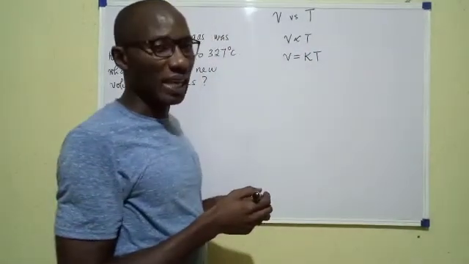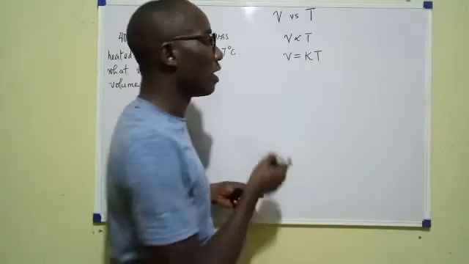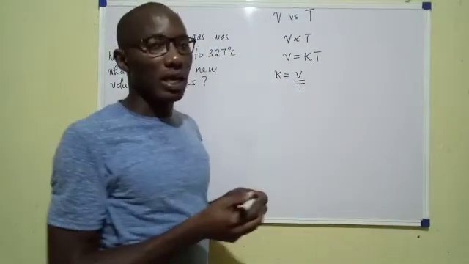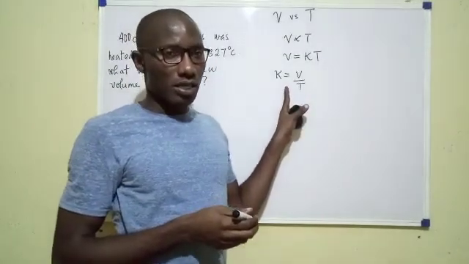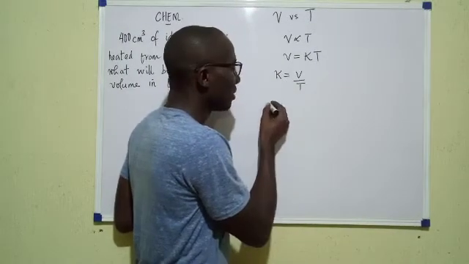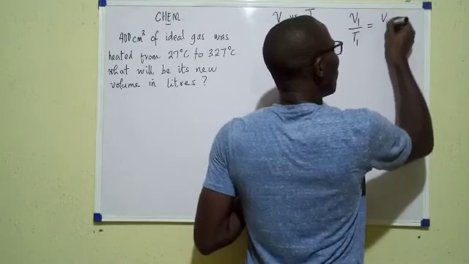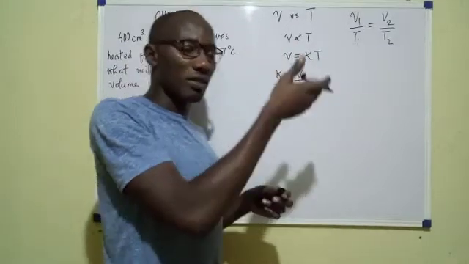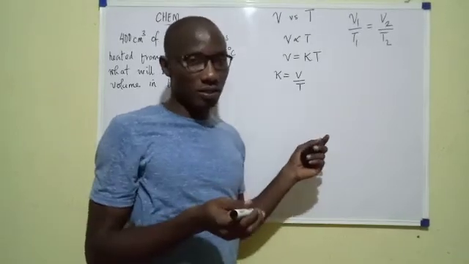So if V is equal to KT, it means that if we make K subject of formula, we have K equals V over T. Now, because V over T is constant, it means that V1 over T1 will be equal to V2 over T2, would be equal to V3 over T3, because the law says here that V over T is constant.